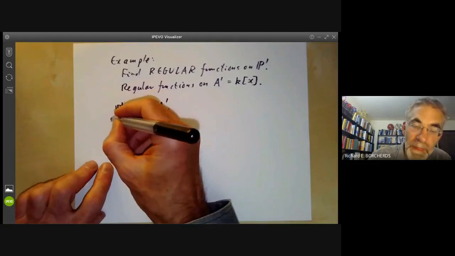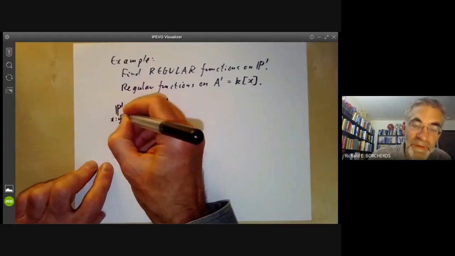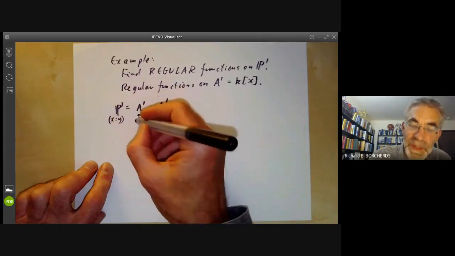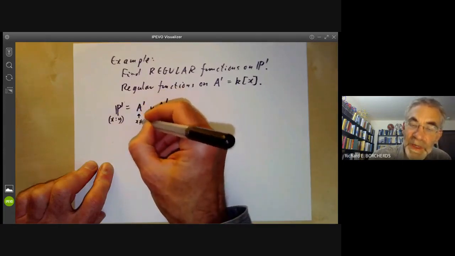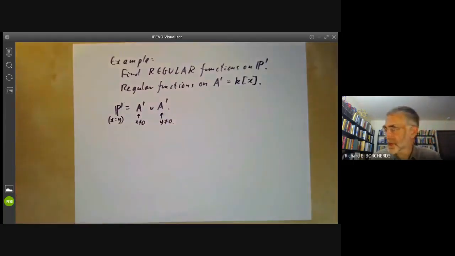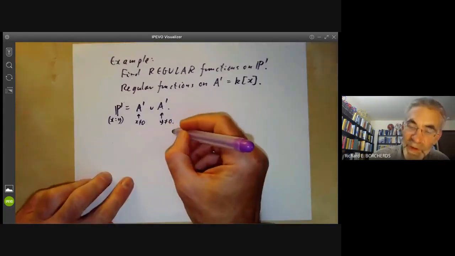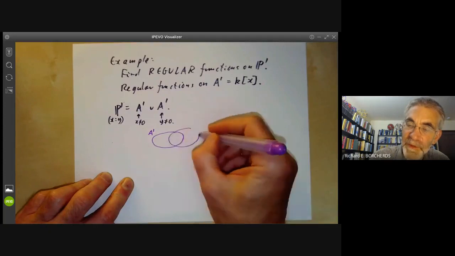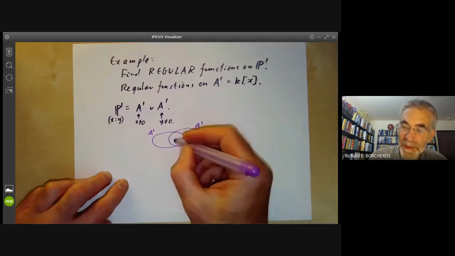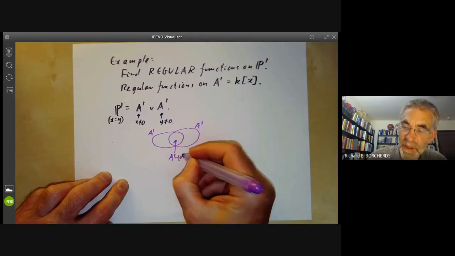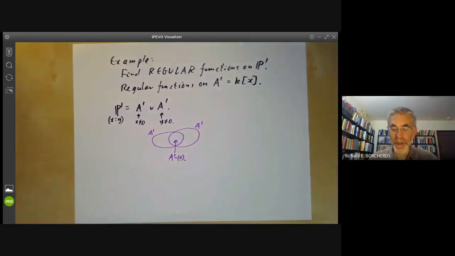You remember if we denote points of the line by x colon y, we can think of these as the points with x not equal 0, and these as the points with y not equal 0. So we have a sort of picture like this. Here we've got one copy of A1, and here we've got another copy of A1, and the intersection is A1 minus the origin.